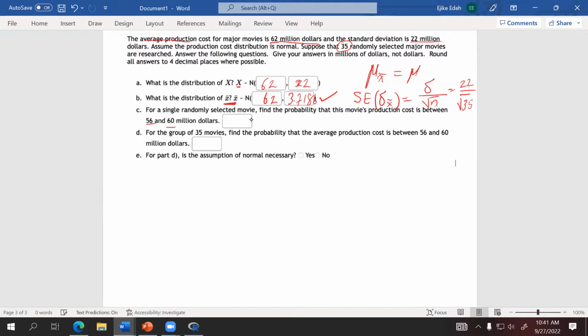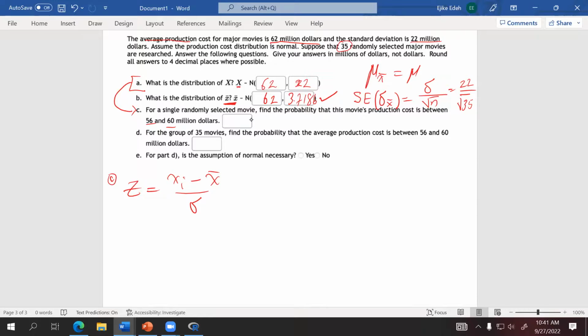A single randomly selected movie. So this question is working on this distribution. When you solve this, you will use the same formula that we used before. Your Z will be defined as your data point minus the mean, divided by the standard deviation. That is for question C.